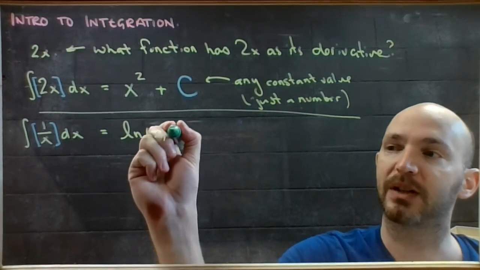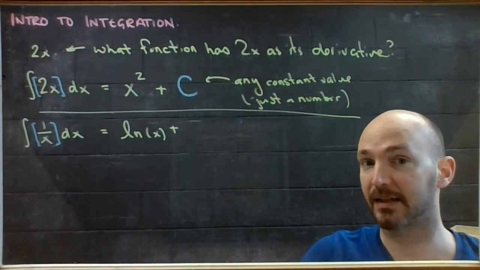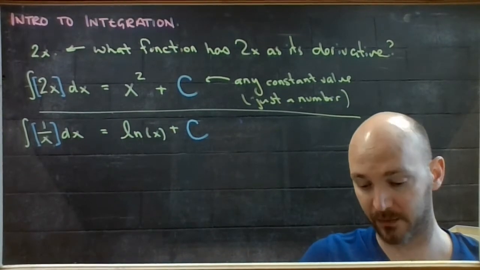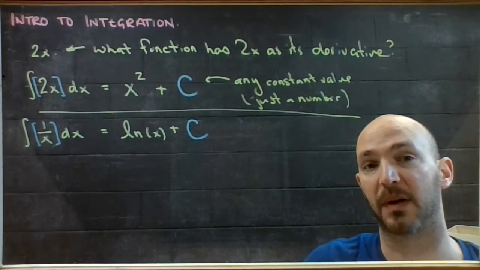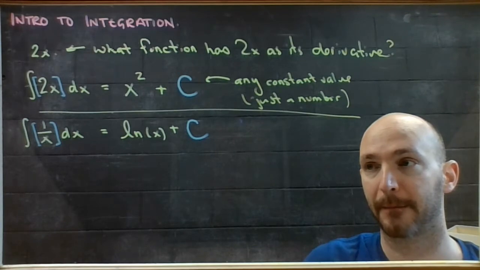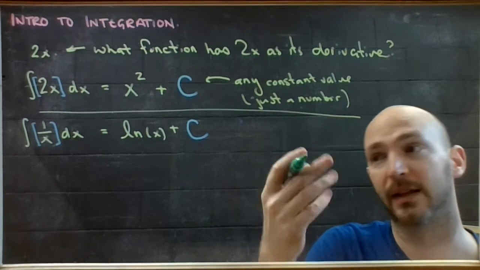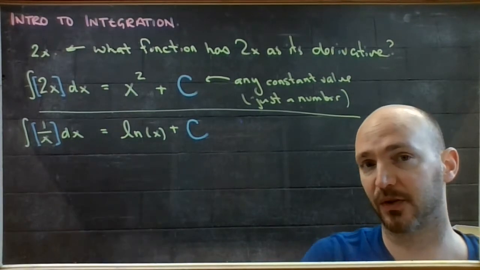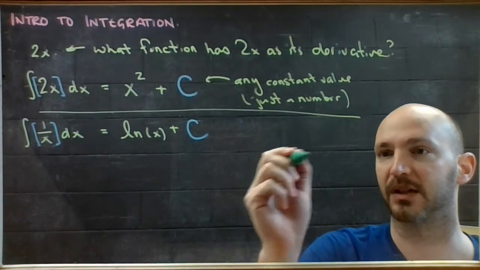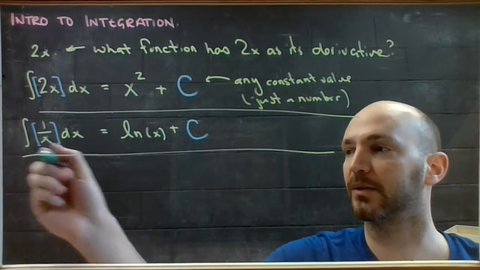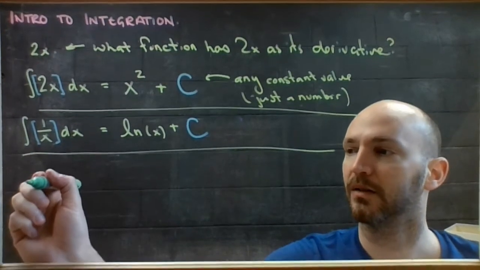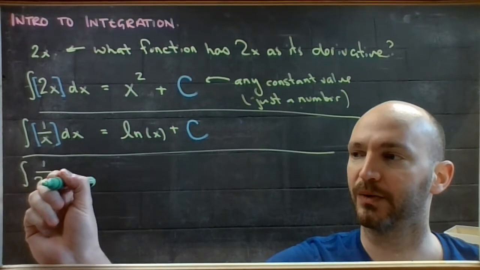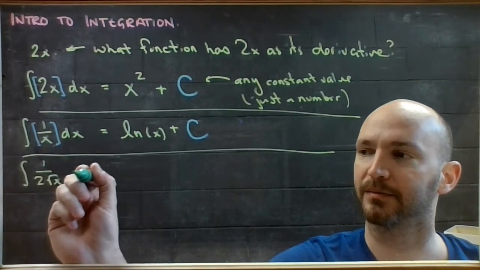And I need to acknowledge that there may be some number at the back that will have to be determined later, based on the context of the problem I'm trying to solve. And that's it, right? Look at this thing. Tell me what function has that as its derivative. That's all we're doing in this particular video. So, next one. What is the integral of 1 over 2 root x?